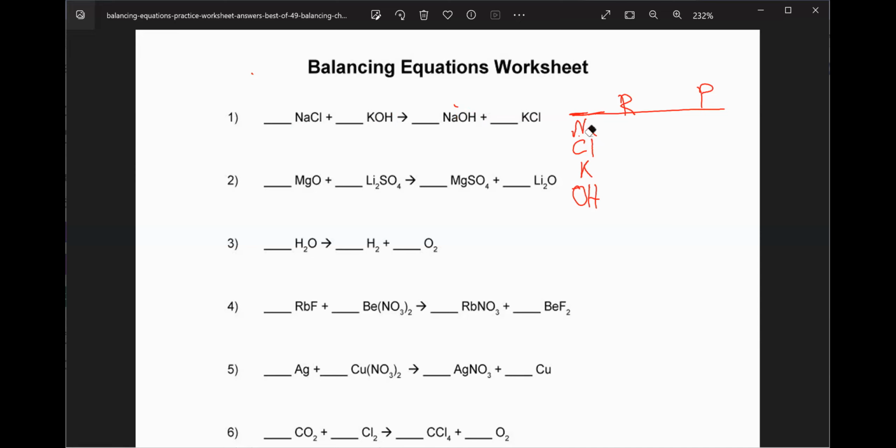So how many elements of sodium do we have? 2. Why? I have 1 and here have 1. 1 times 1 is 1 on the reactant side. Okay. Where is the 2? How did you understand it to be 2?